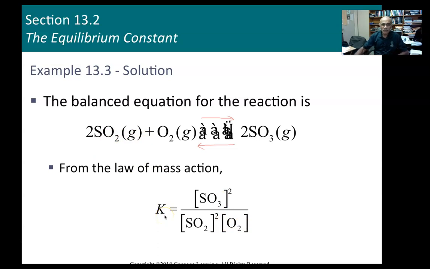Now we can substitute, and please note when we are looking at this, that these concentrations here are the equilibrium concentrations. Notice that these are different from the initial concentrations. So remember that these are the equilibrium concentrations.